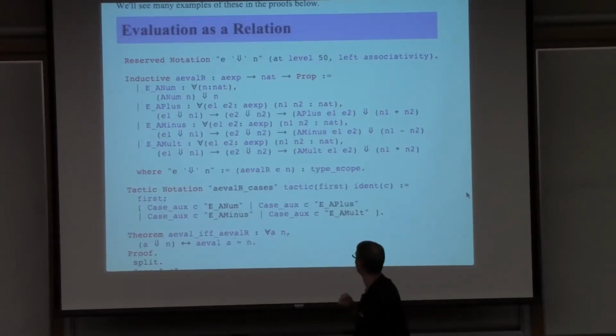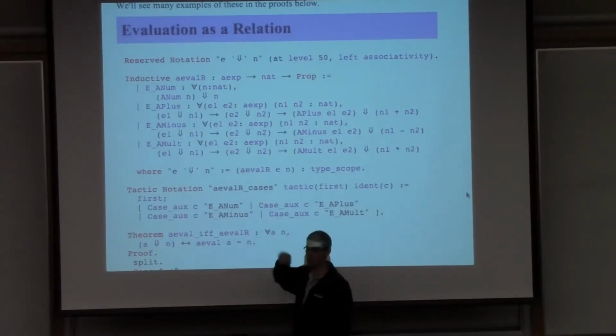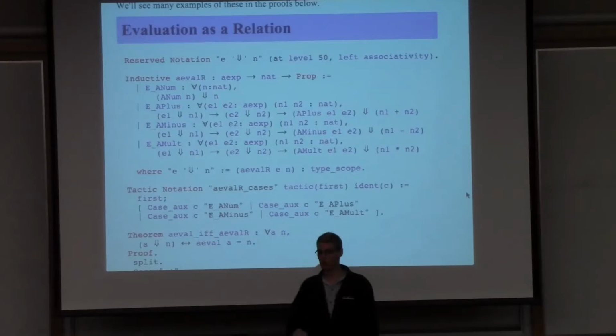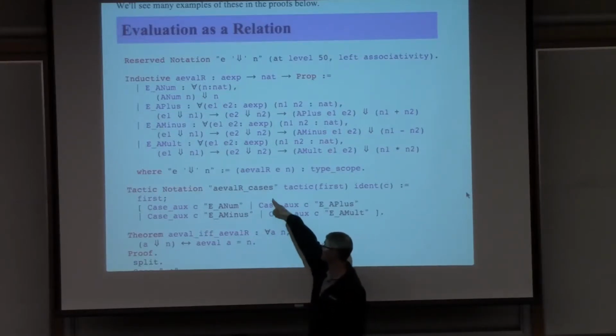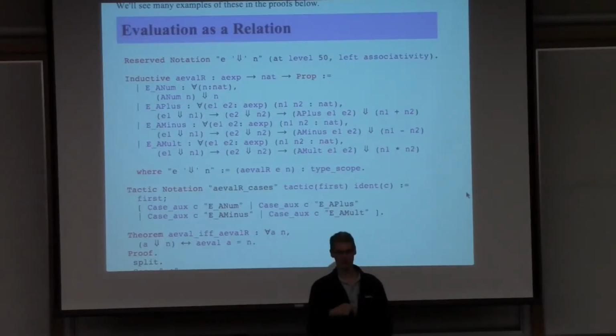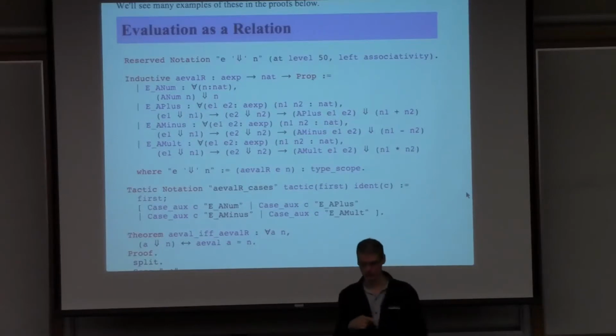Okay, so not too much more to say about that. Then, as usual, and this will be the standard pattern all the way through, we define ourselves a little A-eval R cases so that we can easily do inductive proofs.